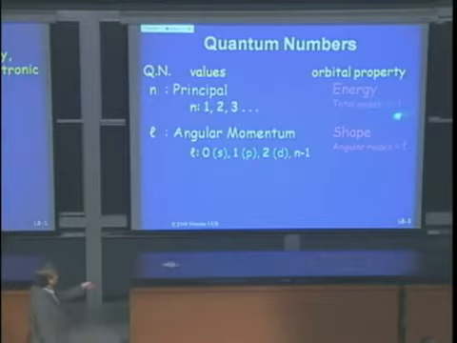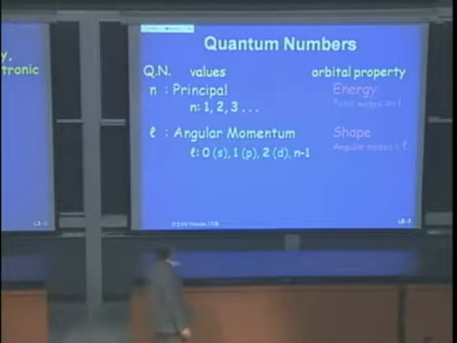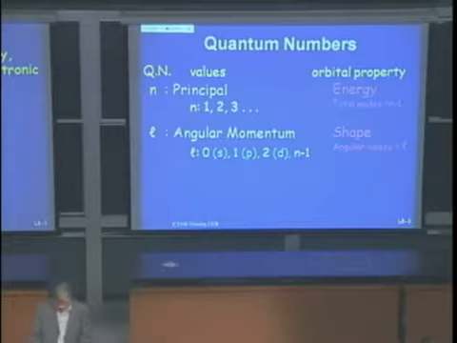So the number of total nodes is n minus 1. So n minus 1 is 2. So how many nodes can you have here for a 3p orbital? 2. And how many angular nodes do you have? Yes? How many angular nodes do you have? 3p orbital.